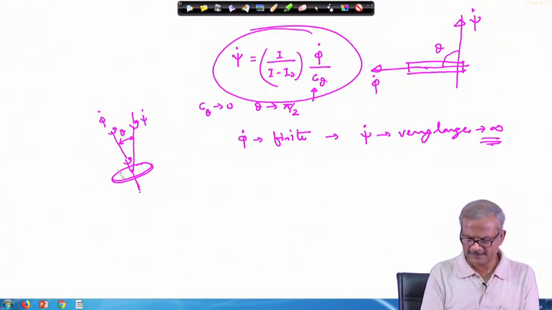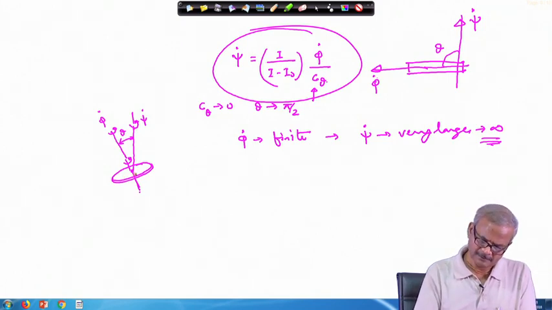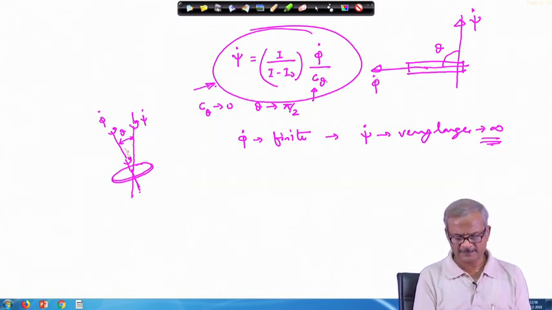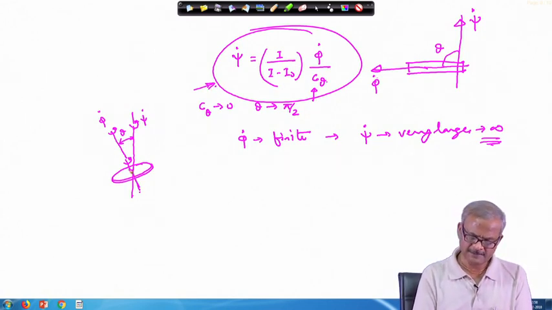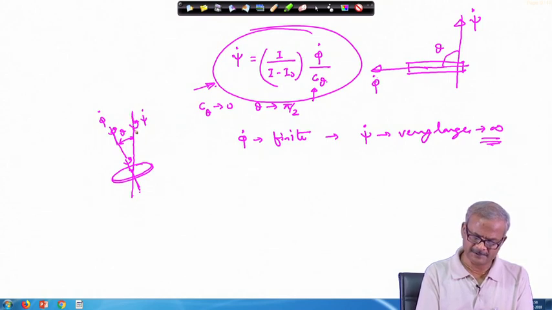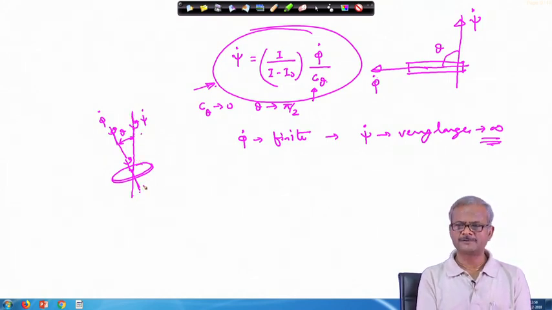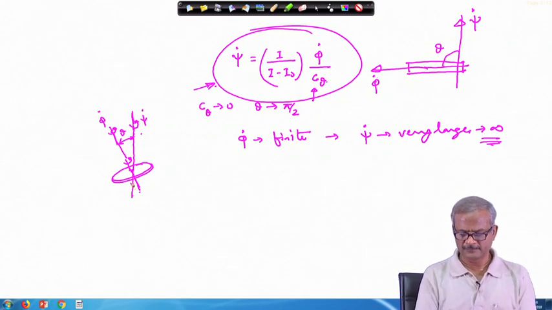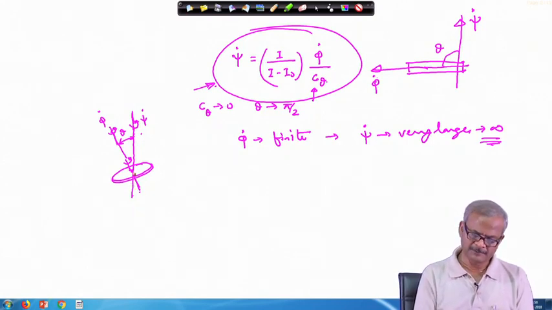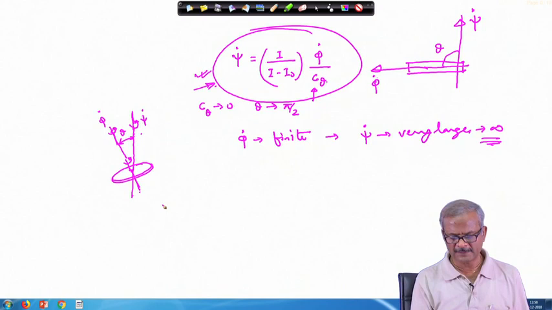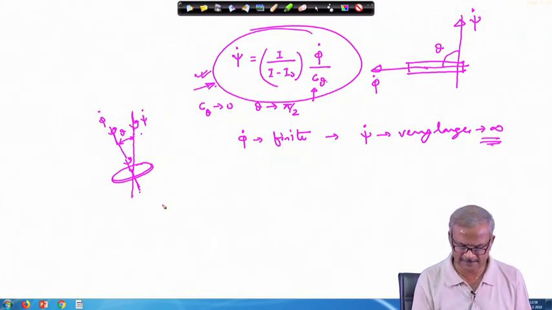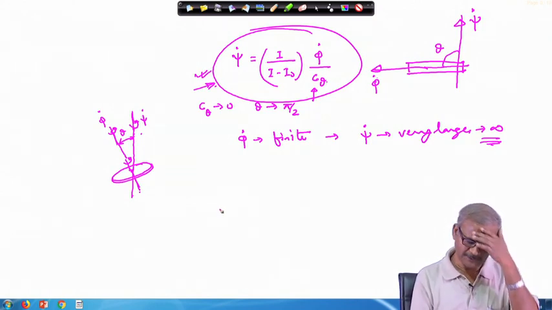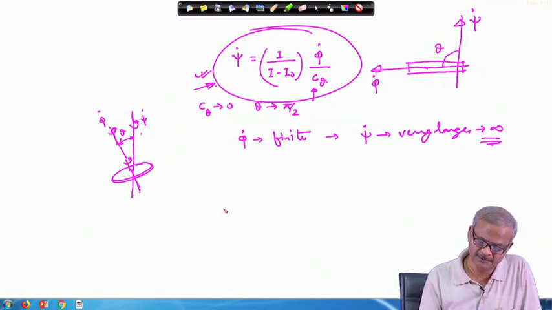Again here I am showing like this, but it will be in the opposite direction. So, this case simulates a coin spinning about this particular axis, and also precessing about this axis, and tossed up in the air. Once it starts falling, it is free from gravity, and because of the symmetry there is no torque acting on the coin. Therefore, this case is perfectly simulated, assuming that there is no aerodynamic drag and other things, or it may be small. For a short period we can assume it to be negligible.